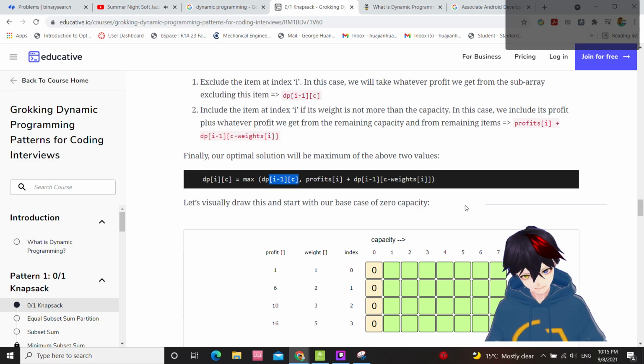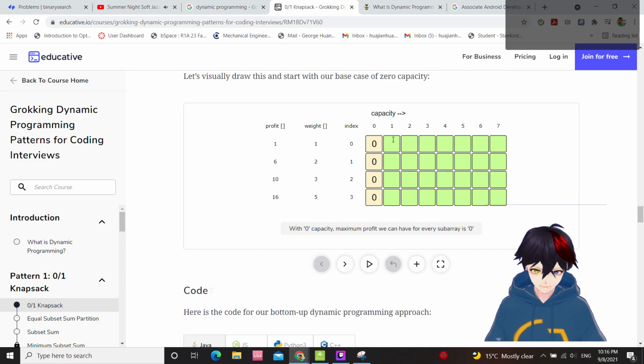Okay, got it. Some initial conditions. When there's 0 capacity, obviously everything's gonna be 0. For 1, we're gonna be 1.